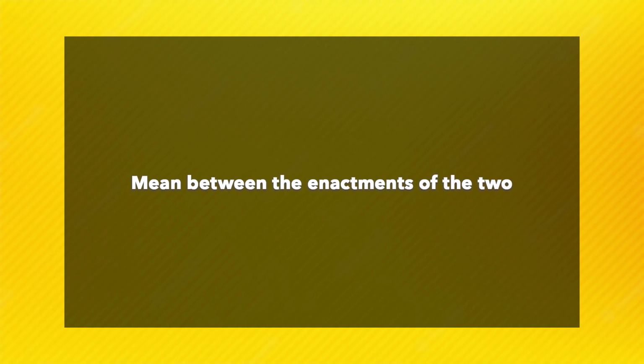Second, a mean between the enactments of the two, meaning if oligarchies require a high property qualification from members of the assembly, while democracies require none or very low, a mean between the two can be achieved for fusing the two. Third, borrowing from each, meaning some elements will be taken from oligarchy and some from democracy. For example, a democratic education system with some oligarchic principle.